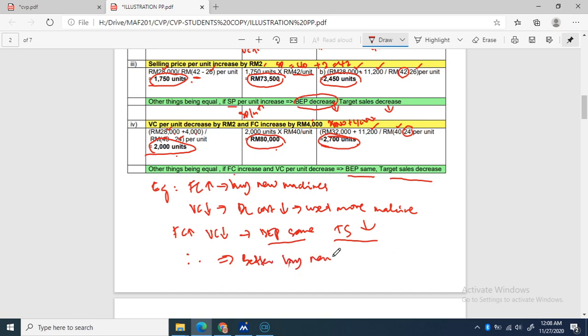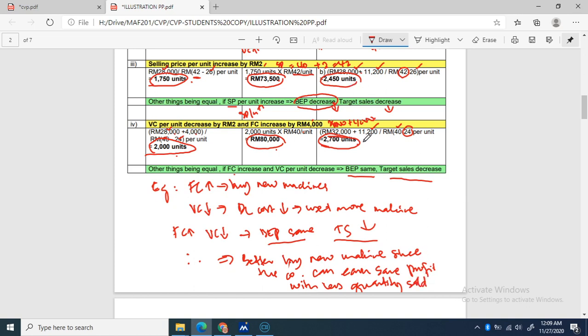buying the new machine, since the company can earn the same profit with less quantity sold.